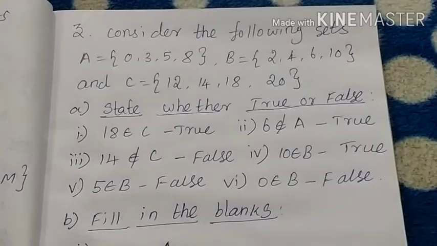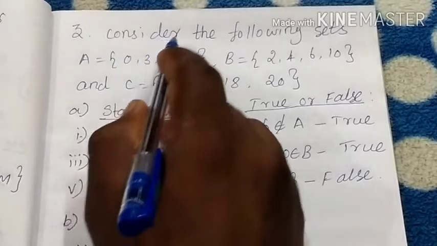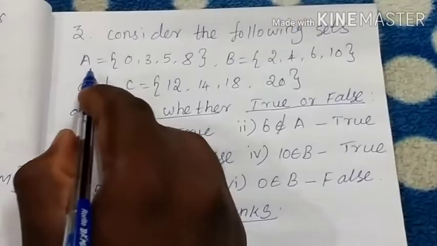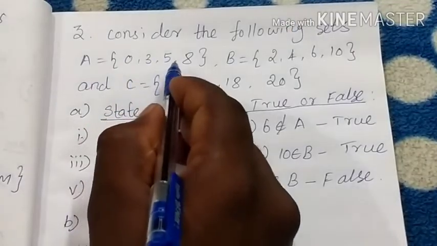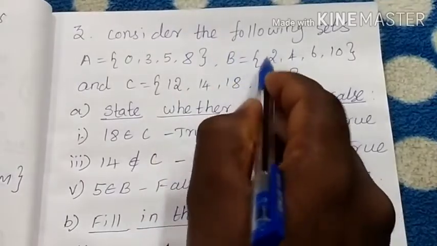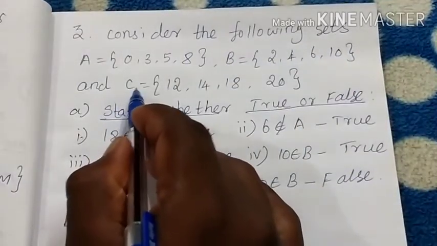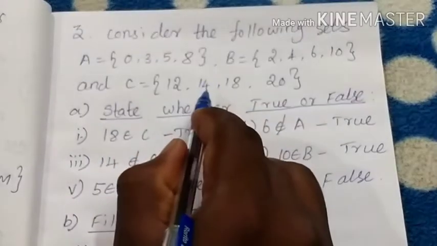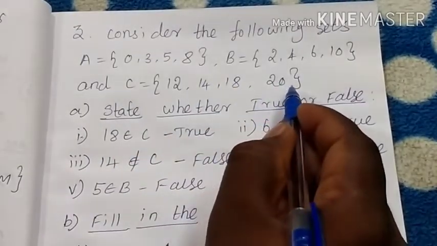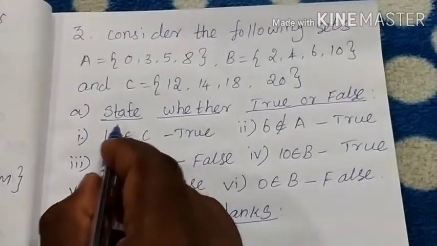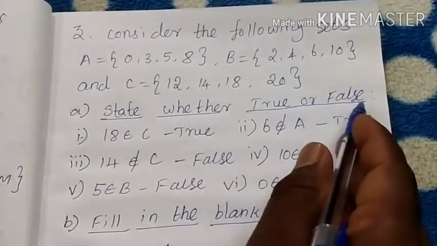Okay, then the third question: consider the following sets. A is equal to the set of all 0, 3, 5, 8. Then B is equal to the set of all 2, 4, 6, 10. And C is equal to the set of all 12, 14, 18, 20. The question is, state whether true or false.